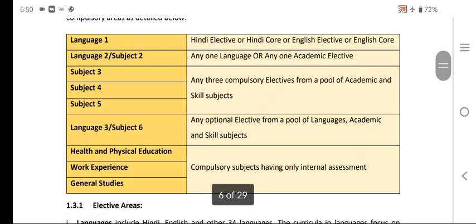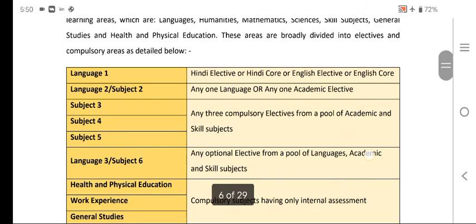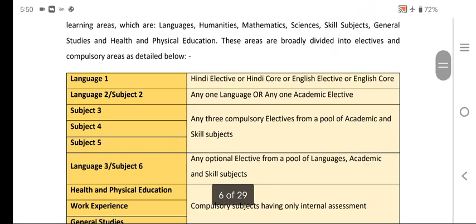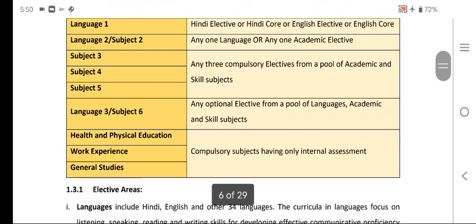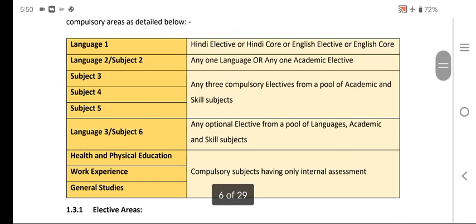You can take English as language 1 and any of the vernacular languages like Hindi, Bengali and other languages for language 2. Subject 3, we have already done, these are 3 compulsory elective languages. You can select from subjects 3, 4 and 5. Also language 3 or subject 6, that means you can take 3 languages also.